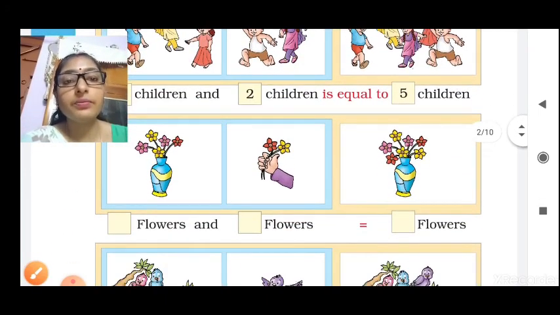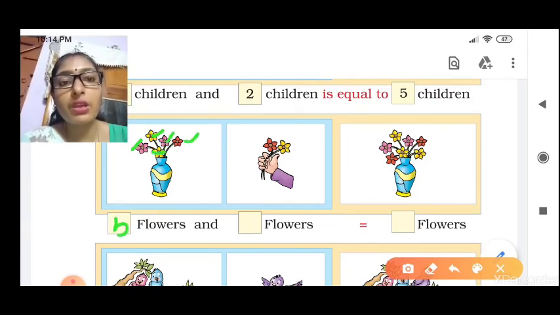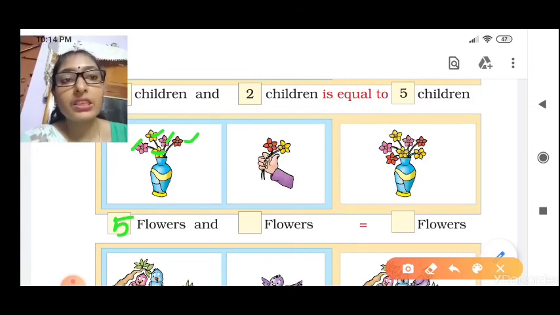Now here, how many flowers? You can observe 1, 2, 3, 4, 5. So how many flowers do you have? 5, correct. And here how many flowers? 1, 2. So 5 flowers and 2 flowers is equal to, this is the equal sign.